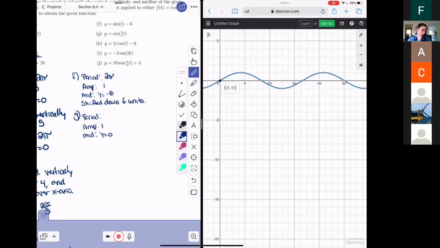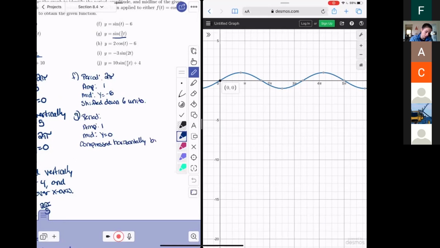So looking at our graph, we have sine of 3/5t. What transformations are happening to the sine function? Is it being compressed horizontally by a factor of 3 and then stretched horizontally by a factor of 5? Good.